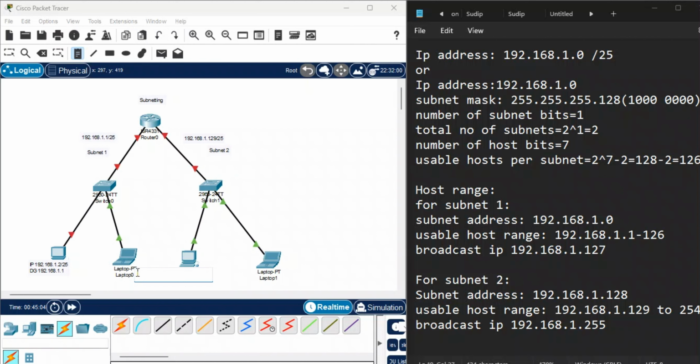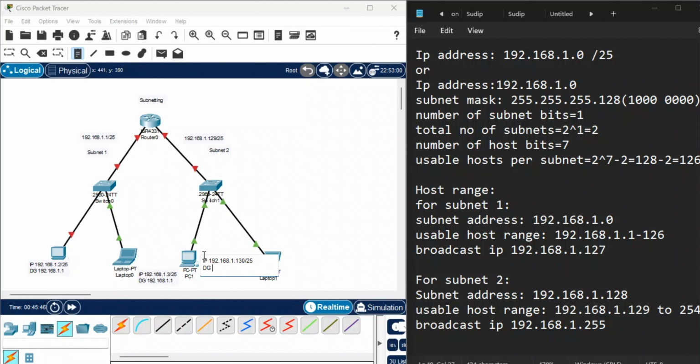For this PC, the IP address is 192.168.1.3/25, and default gateway will be 192.168.1.1. For this network the IP address was 192.168.1.130/25.